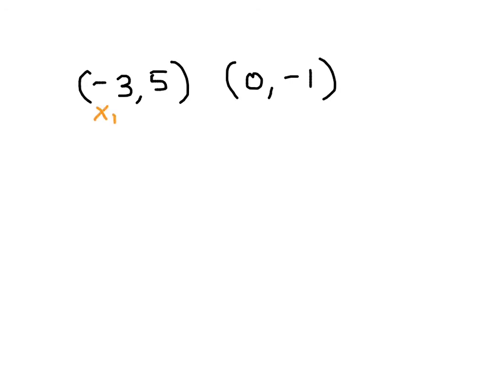But for example 3, it gives you negative 3, 5, 0, and negative 1. If I'm going left to right, this is x1 and y1, and this would be x2 and y2. Now, to be honest, it doesn't matter as long as you stay consistent which one's which, but I always go left to right when I'm doing mine.